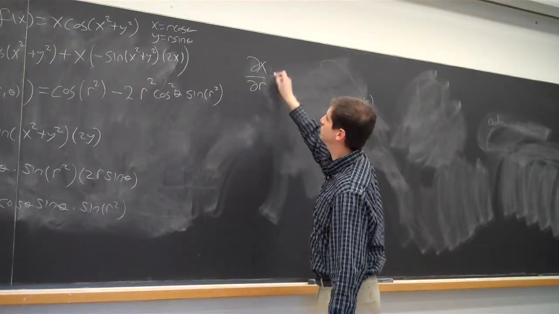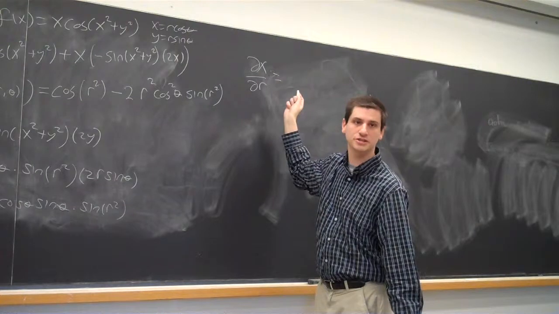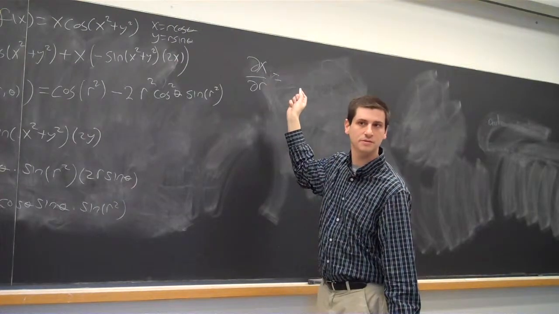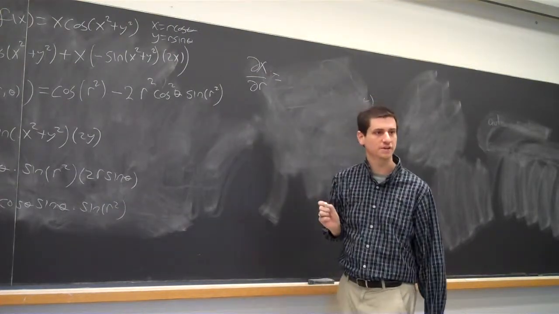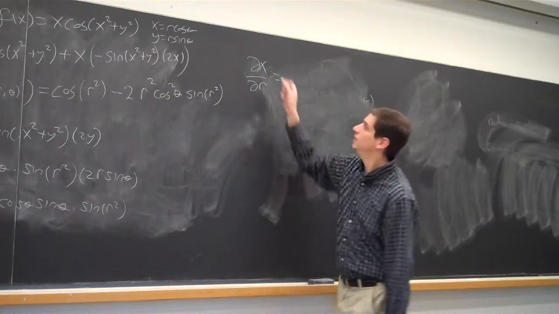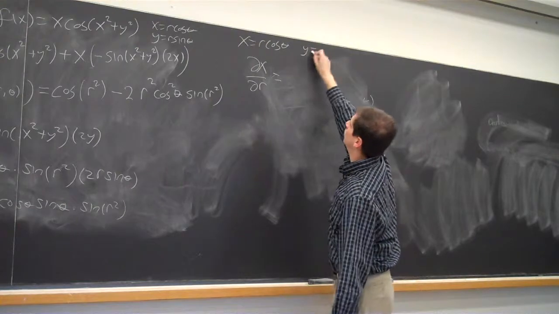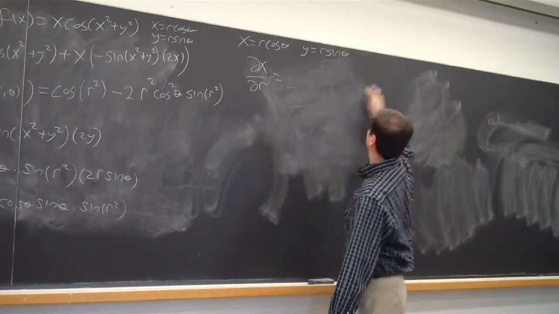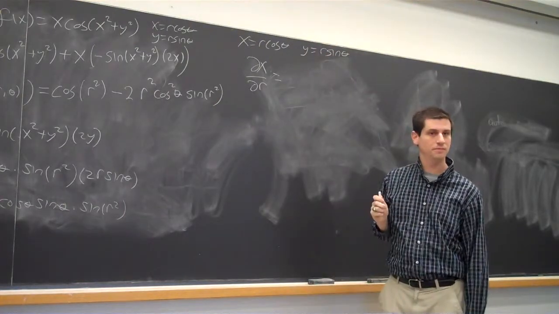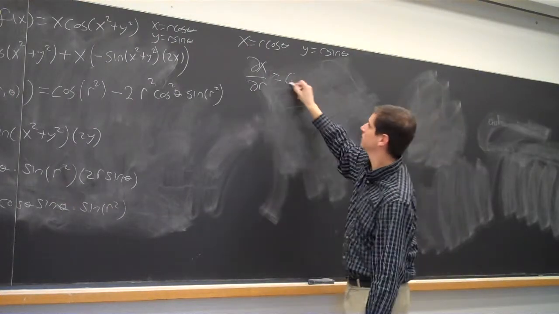So we get dx dr, well that's not too bad fortunately. What's dx dr? So x is r cosine theta, y is r sine theta. What's dx dr? Just cosine theta.